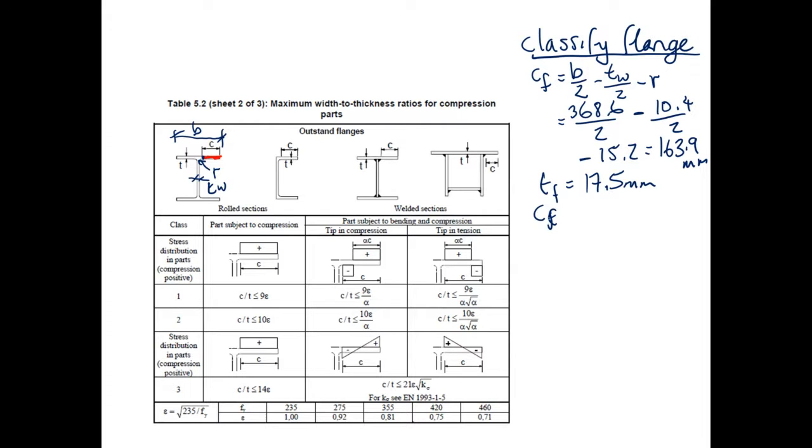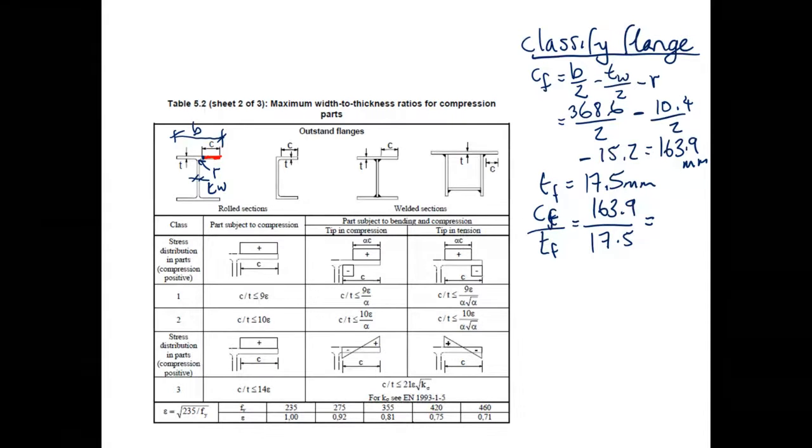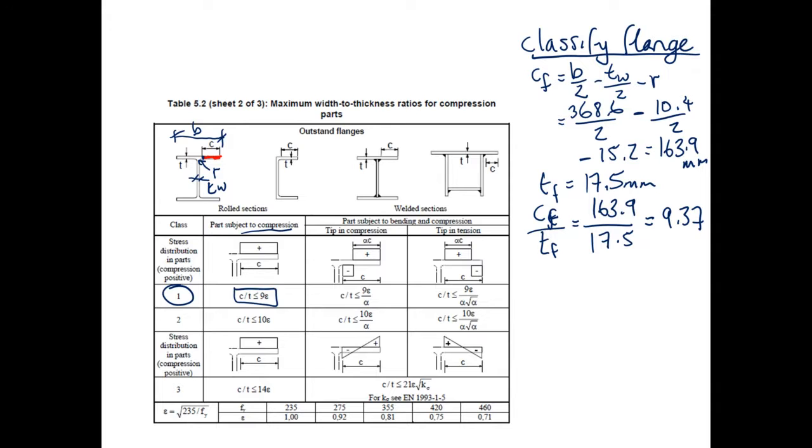So the unstiffened width of the flange divided by the thickness of the flange is equal to 163.9 divided by 17.5, which is 9.37. So if we want a class 1 section under compression, then what we need is C over T less than or equal to 9 epsilon.